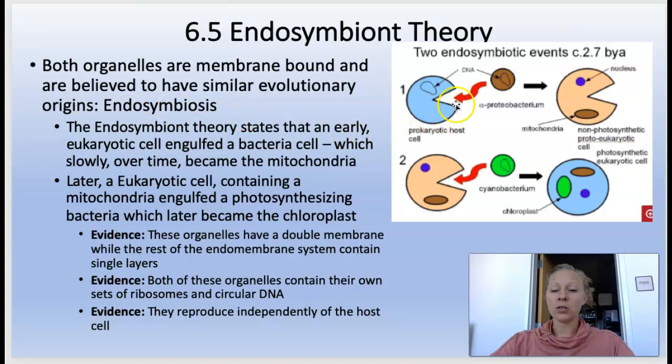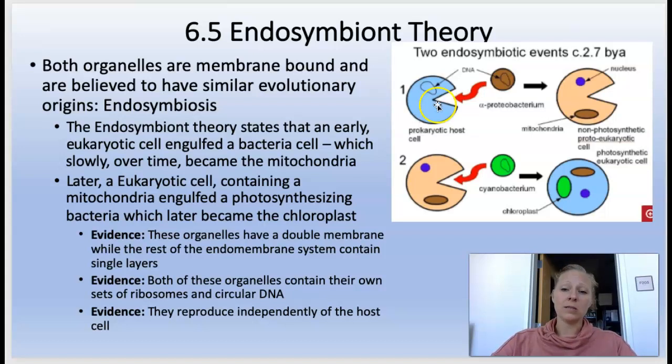So our story starts here. We have an old ancient host cell that has perhaps a nucleoid region or a nucleus, and it's bopping around in the oceans, and one day it engulfs a proteobacteria. This proteobacteria, for some reason, somehow gives it energy, and so the cell is therefore better off, and it forms a symbiotic relationship.